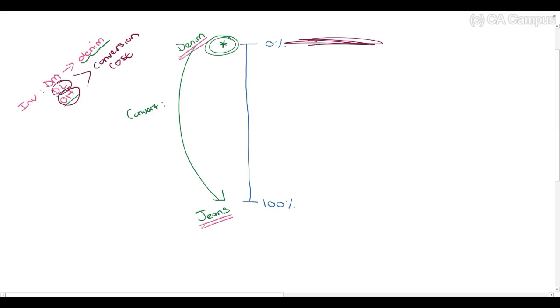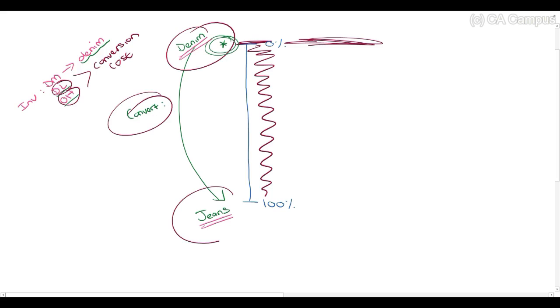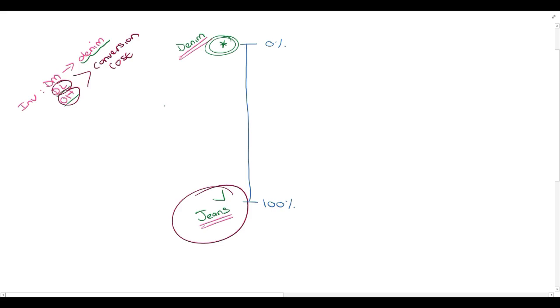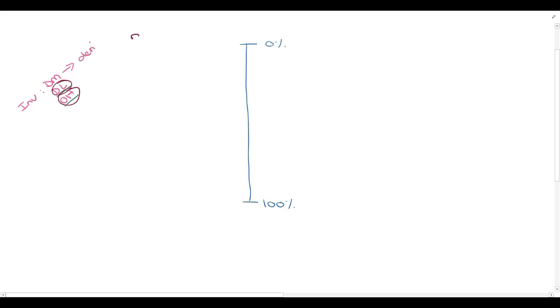So material is added at the beginning of the process, but my conversion costs are incurred uniformly throughout the process in order to convert my raw material into my finished product. Okay, just want to clean this up because we're going to be using this diagram over here quite extensively. But that's the first important concept that you guys need to understand.